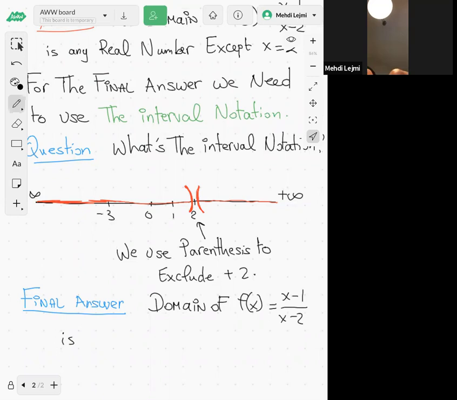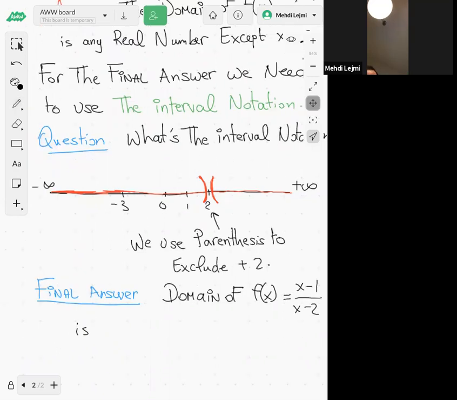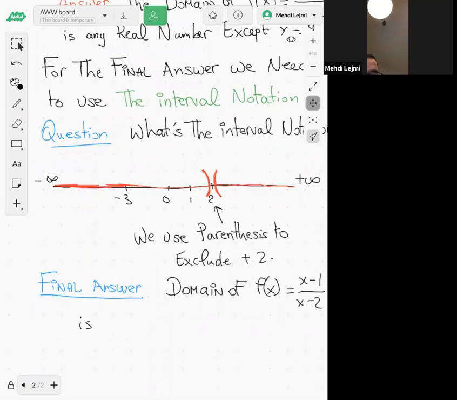It goes from -infinity to +infinity. So you always start from the left, guys. This is really important. You go always from left to right, always. So if you go from the left, you start at negative infinity, right? Go from left to right.